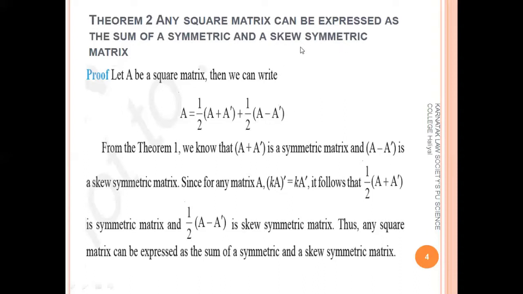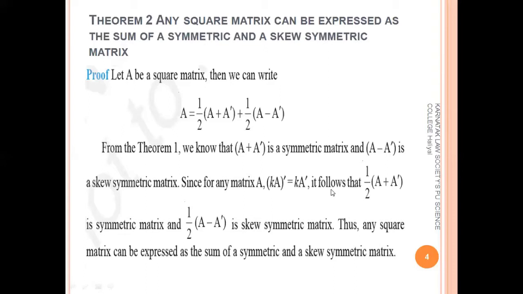From the previous theorem, we already know that A plus A dash is a symmetric matrix and A minus A dash is a skew-symmetric matrix. If a matrix is multiplied by a scalar, any constant k, then the transpose of kA is equal to k times A dash.